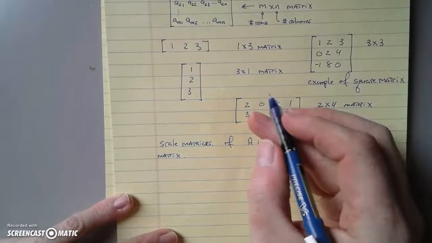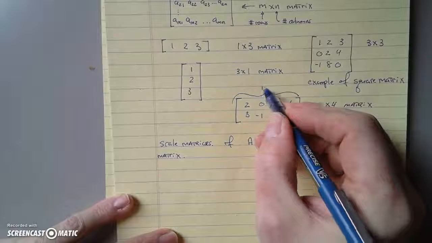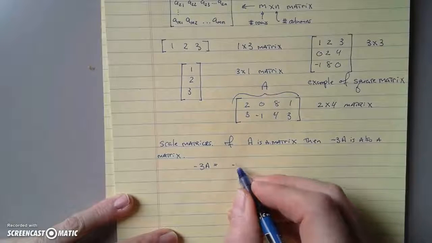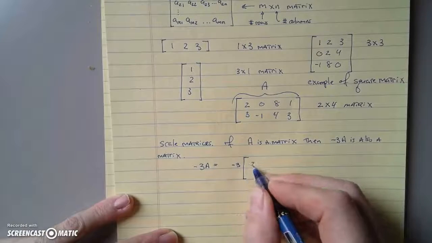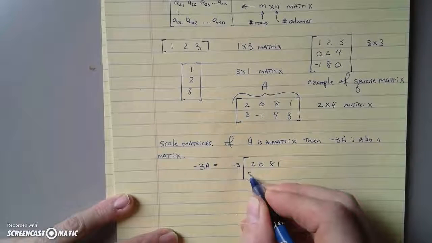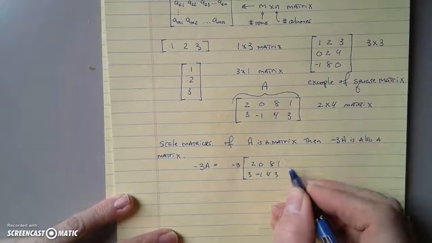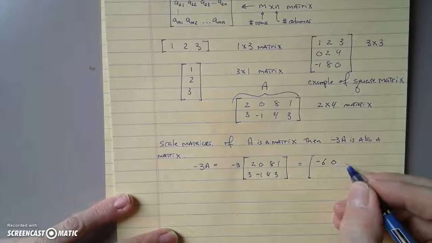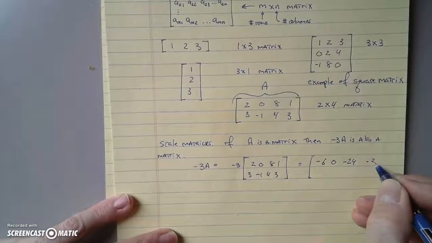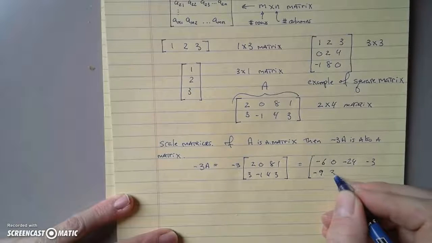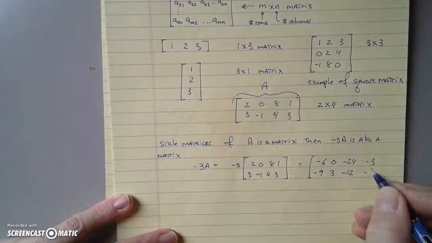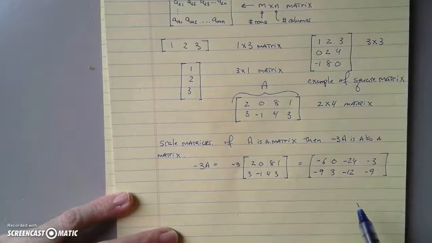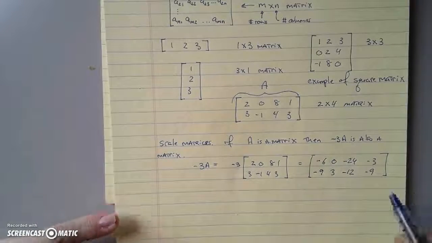Suppose this was my matrix A. Then negative 3A would be negative 3 times this matrix, and this would be negative 6, 0, negative 24, negative 3, negative 9, 3, negative 12, negative 9. You just multiply everything in it by that number. So that's pretty easy to do.